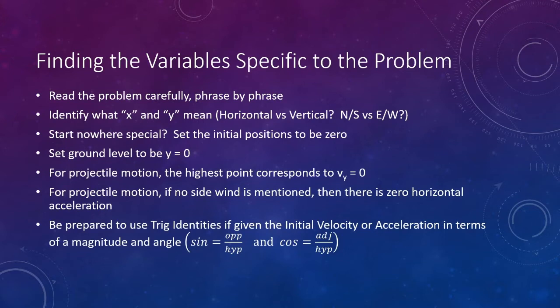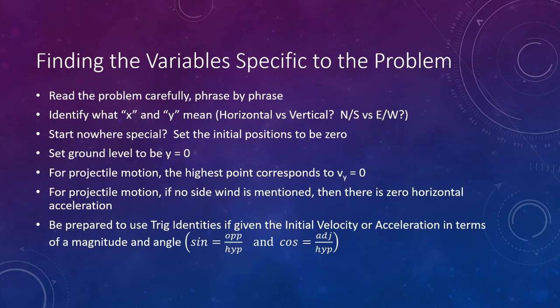And if you're looking at projectile motion, the highest point corresponds to the velocity in the y direction being equal to 0, because at that point you're done going up, you're done having a positive y velocity, and about to go down, you're about to have a negative y velocity. So at the very top, the velocity in the y direction is 0.